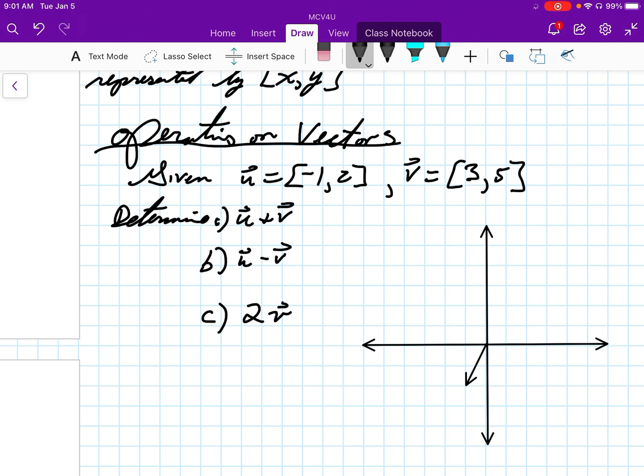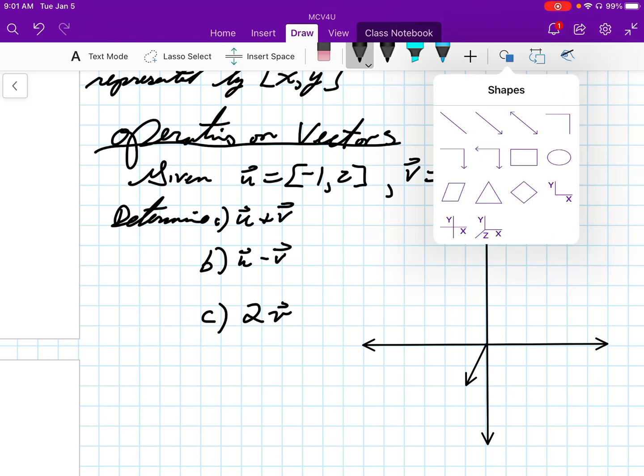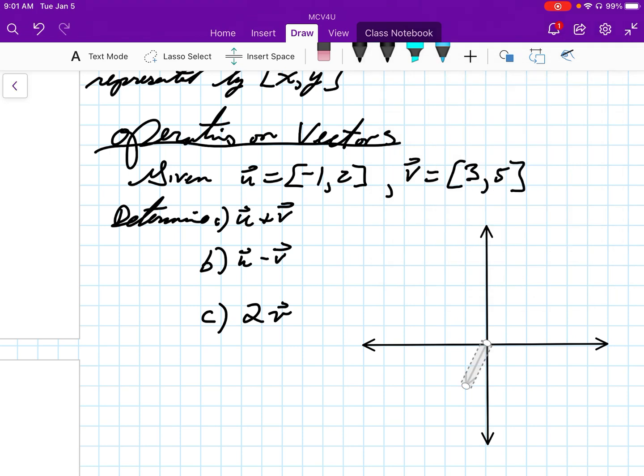We know that that's u. Then v is (3, 5), so we have to start at the head of vector u. We go to the right 3, 1, 2, 3, and up 5, 1, 2, 3, 4, 5. And it looks like we're at the point (2, 3).